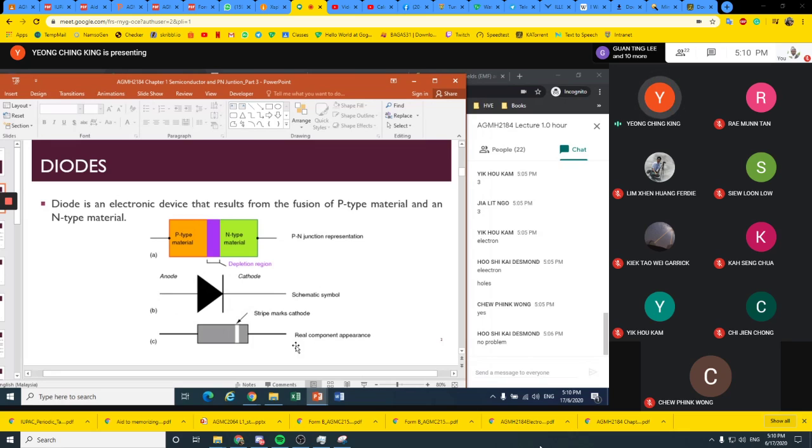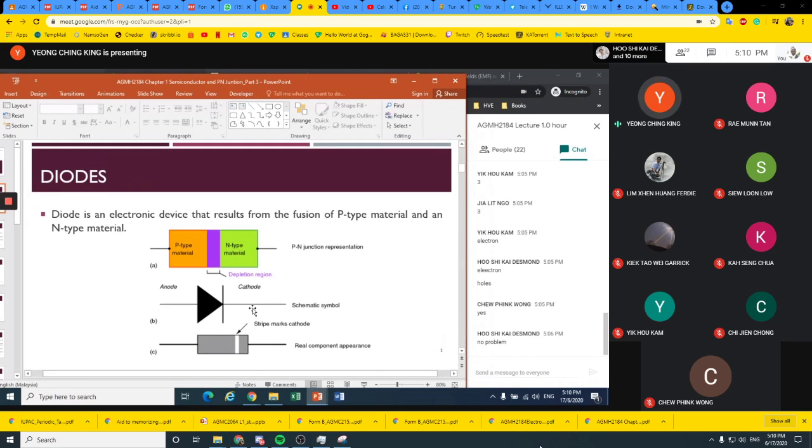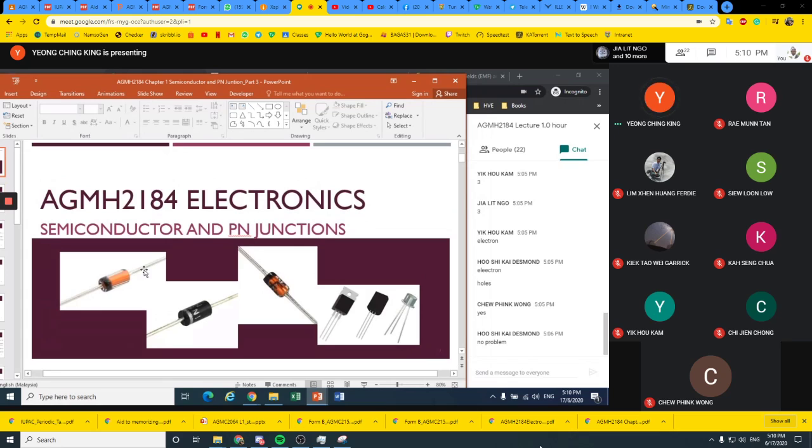And then the real component appearance, you can see in here, this one is more clear. Real component also has a mark here, same as for this one and this one. The side with the mark is the cathode. So if you want to assemble the diode, you have to check where the mark is so that you can assemble it in the correct position.